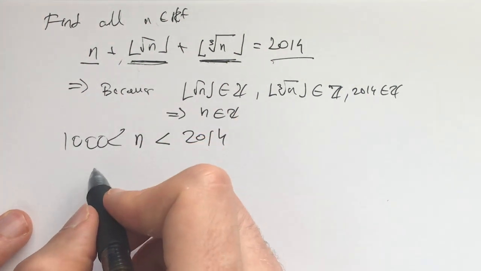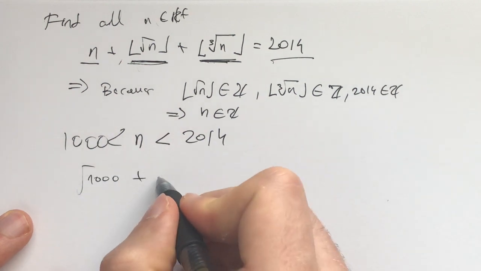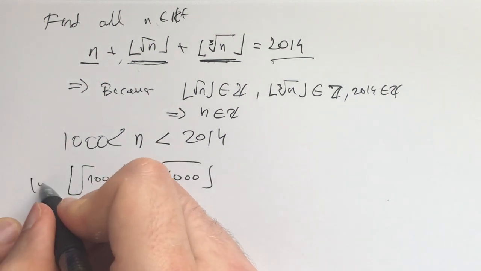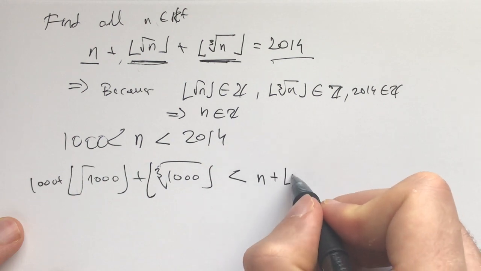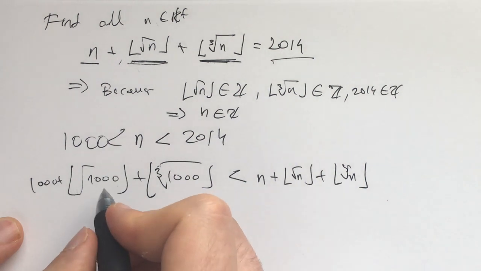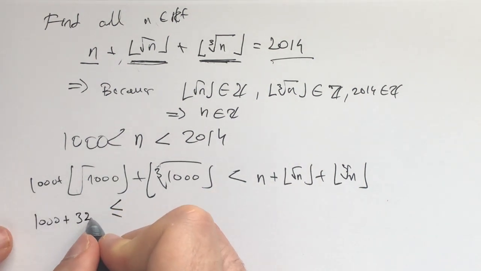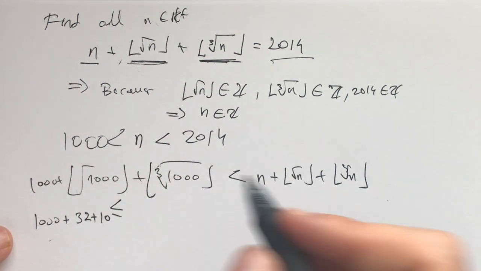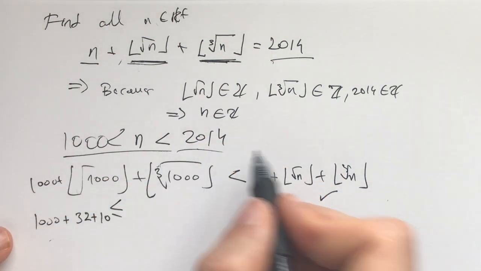We know it's greater than 1,000 because the floor of the square root of 1,000 plus the floor of the cube root of 1,000, plus 1,000, is going to be less than n plus this, and this thing here is greater than or equal to 1,000 plus 32 plus 10, and this is going to be less than 2014, so we are good. This is correct. So n is greater than 1,000, less than 2014.